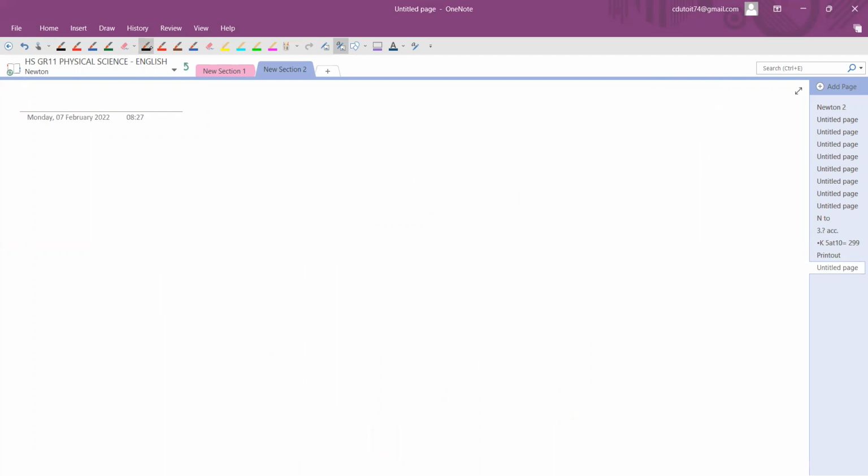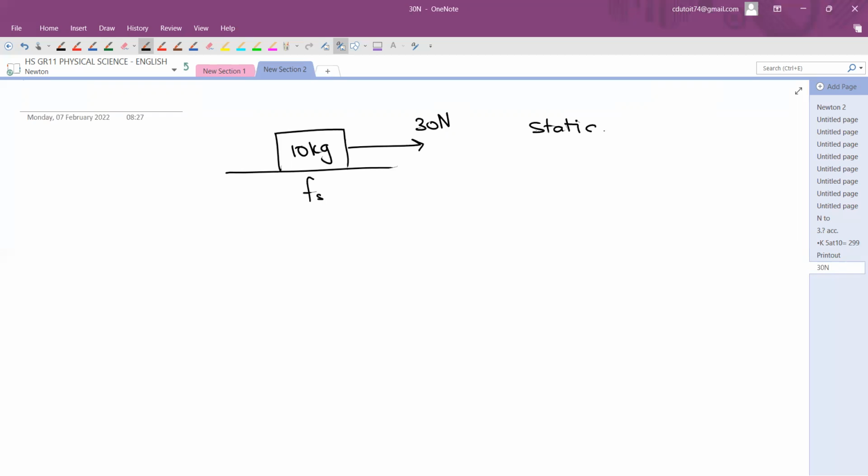Right, so there's a block on the surface again, and it weighs 10 kg. Someone is pushing it in this direction with 30 newtons, and they're going to give you Fs. So this block is static.